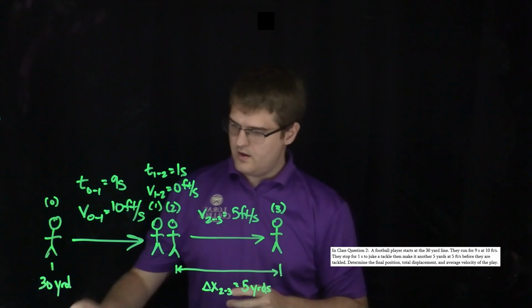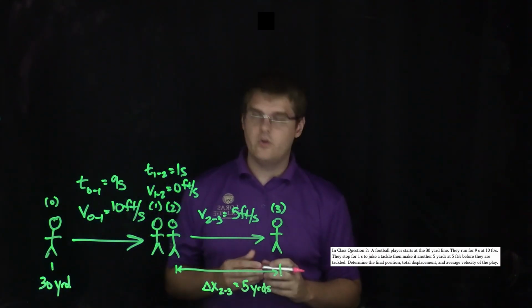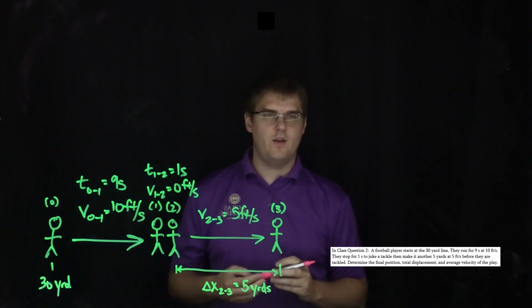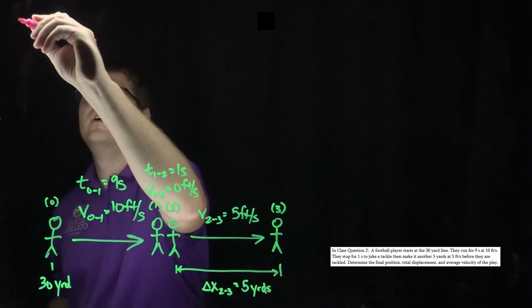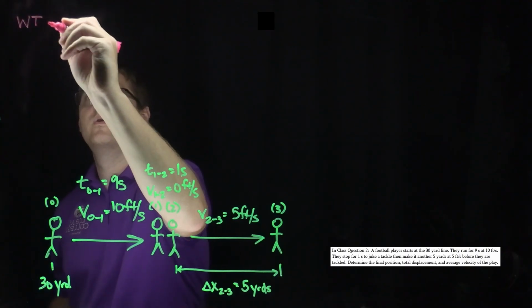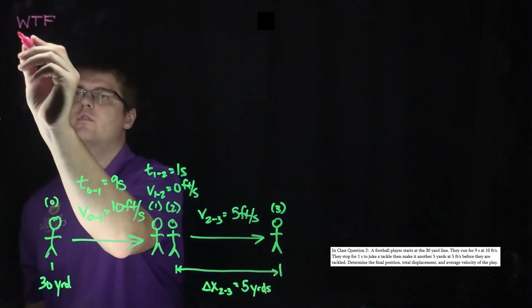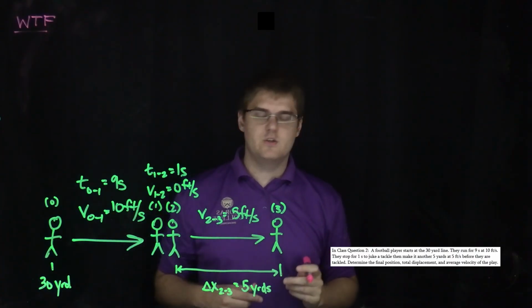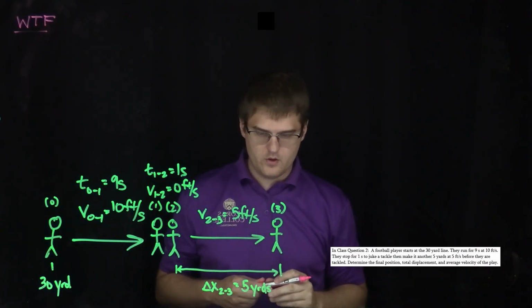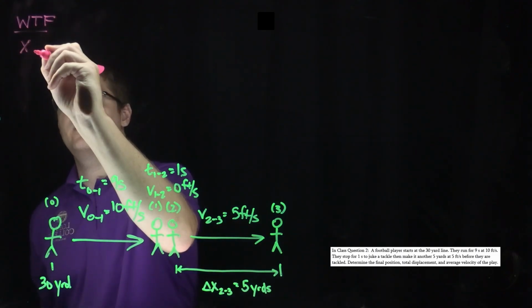Okay. And then using the symbols for what a retired faculty member like to do, we have our WTF, what to find. What are we being asked for in this problem? This is all the information that we know. What do we want? We want to know position at 3, the final position.